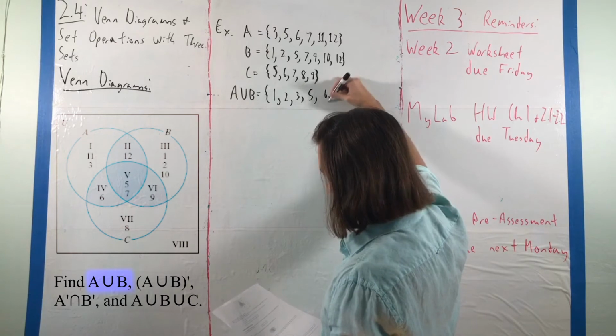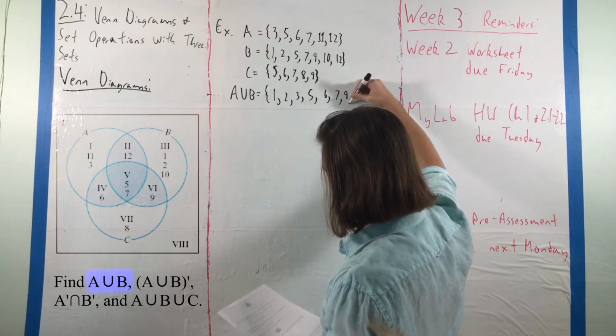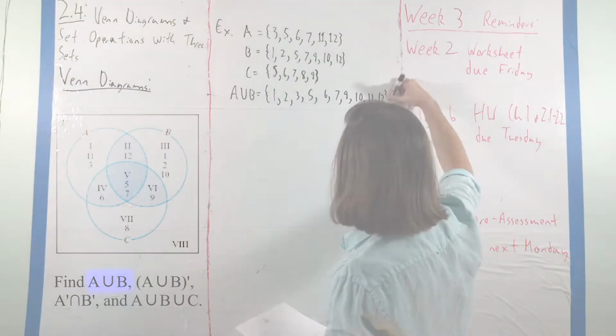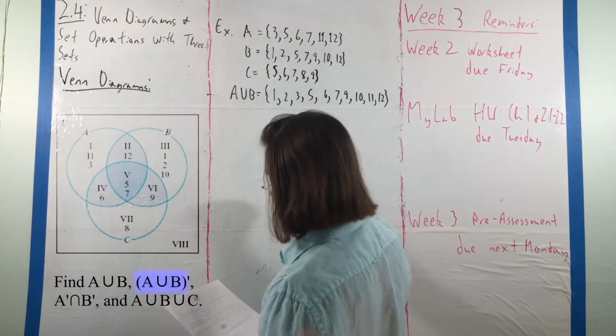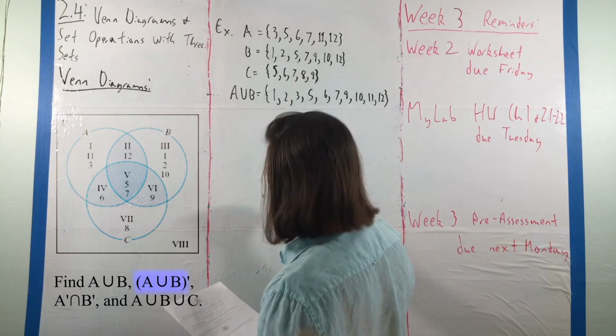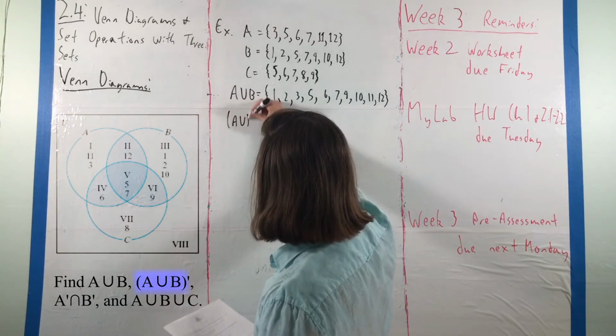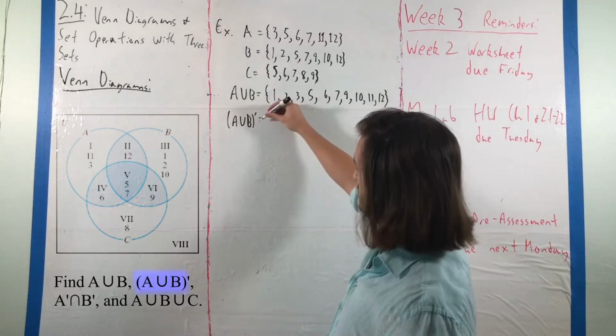If we take their complements, we'll get A union B complement of these sets.